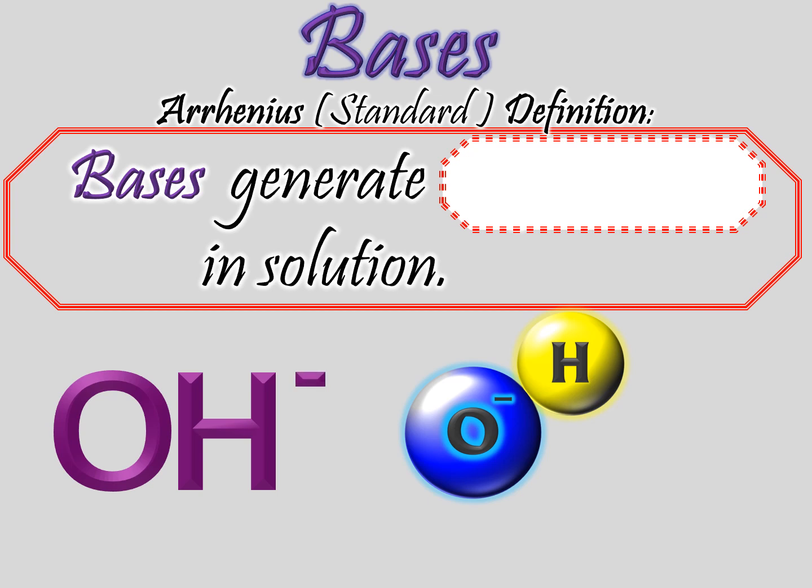Arrhenius also defined a group of chemicals called bases. They were kind of like the opposites of acids in many ways. Not in every way, as we'll see, but in many ways, bases are the opposites of acids. So think about it.